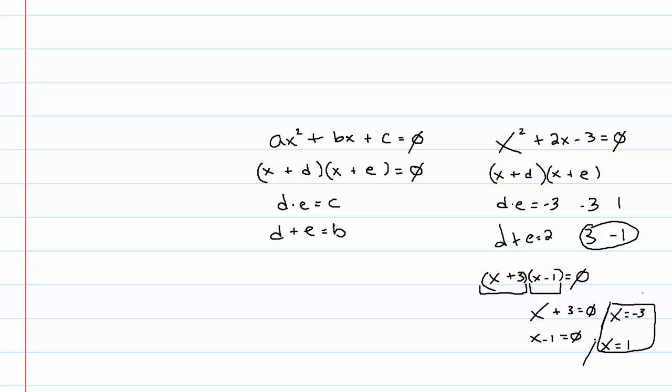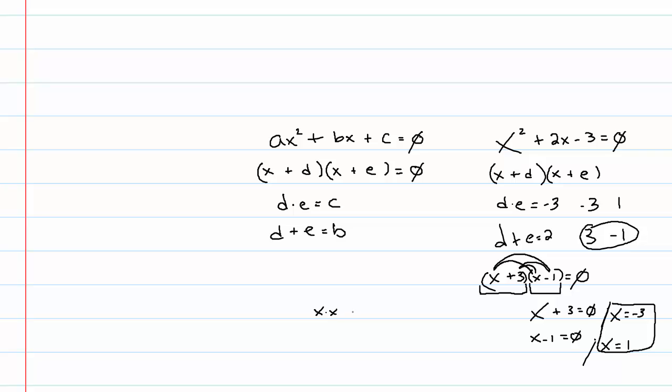We can also check our work by foiling, or going backwards. FOIL means we need to multiply the first times the outer times the inner times the last. Our first is x times x.